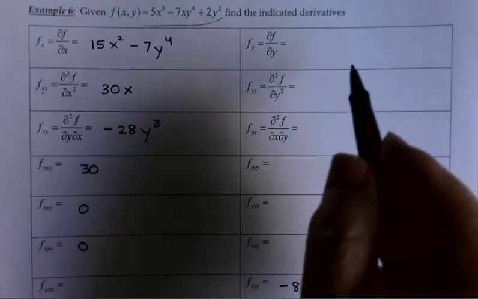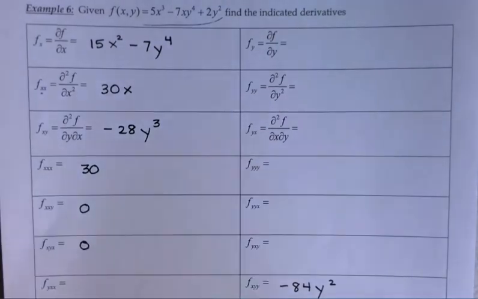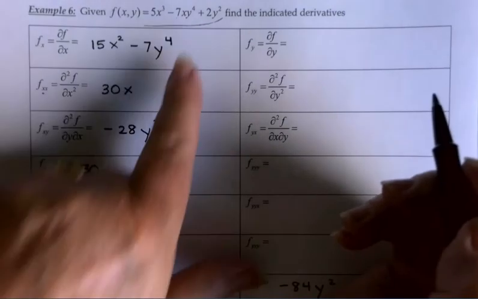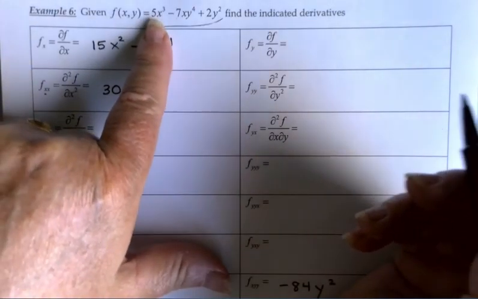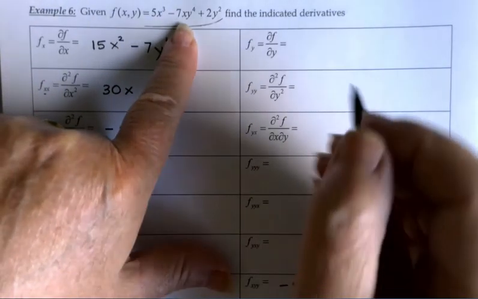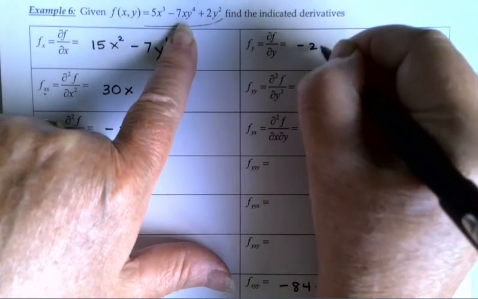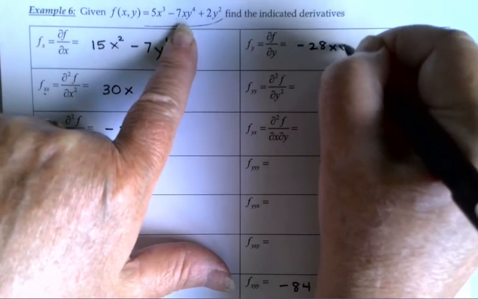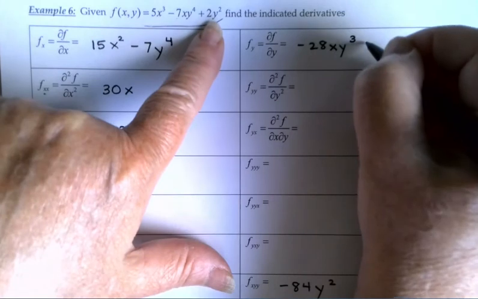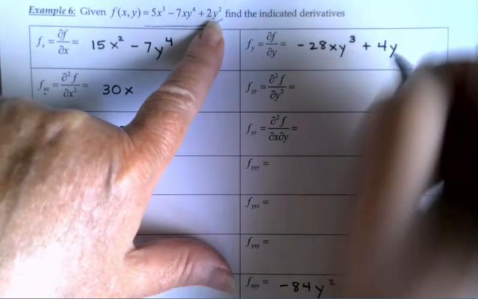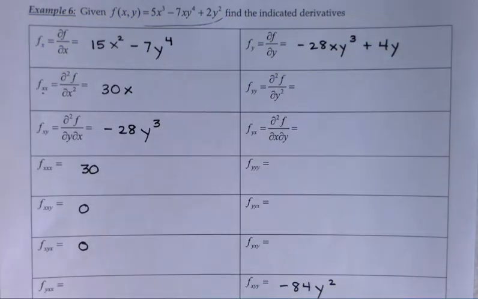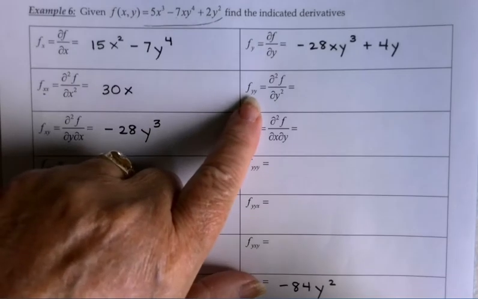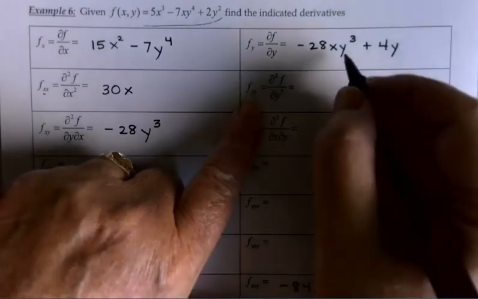All right, let's start the second column. This time I'm going to start with f sub y. So going back to the beginning, f sub y, I get a 0 here. I would get a negative 28xy cubed plus 4y. A second derivative with respect to y also.